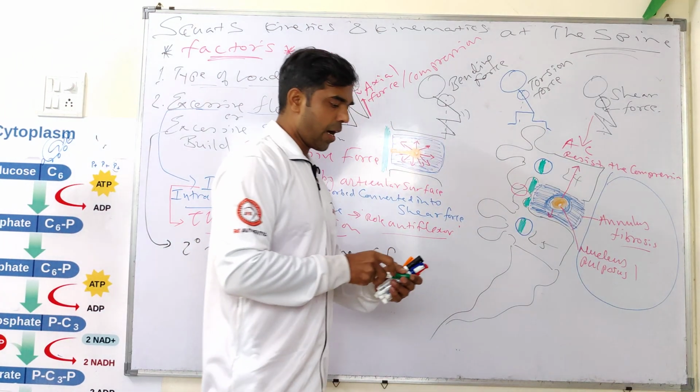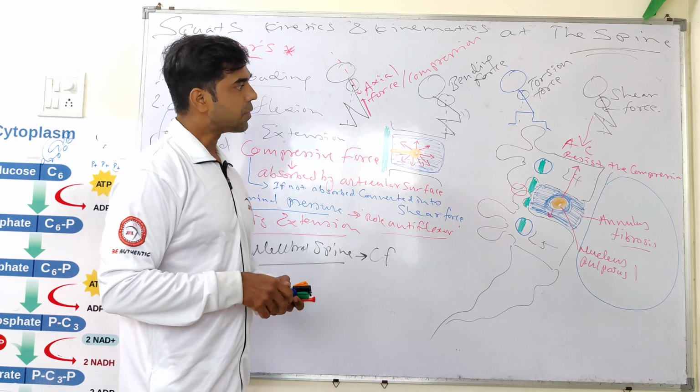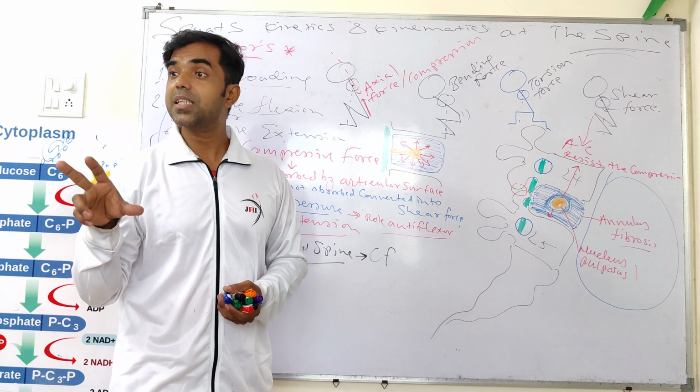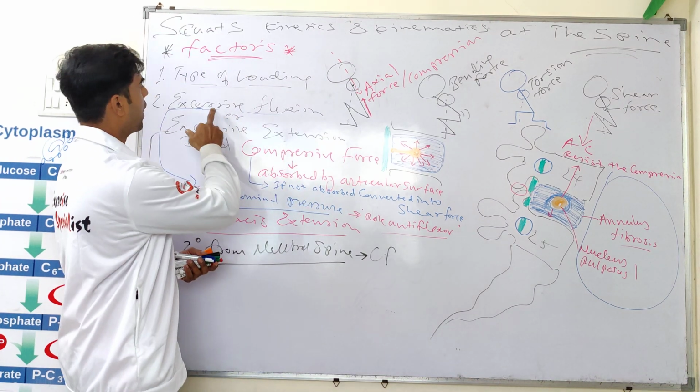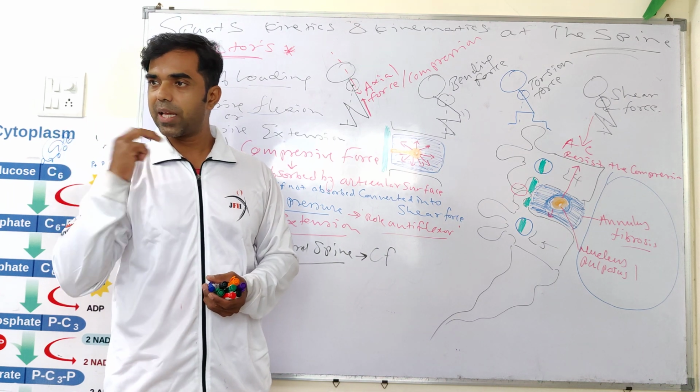We have ligaments which resist flexion. Excessive flexion is resisted by two main ligaments.